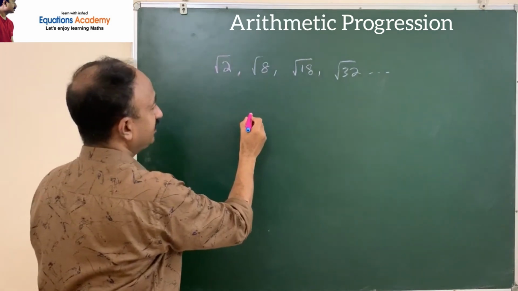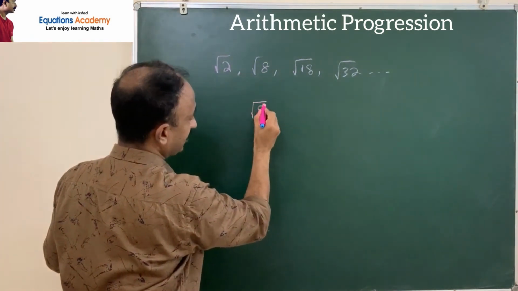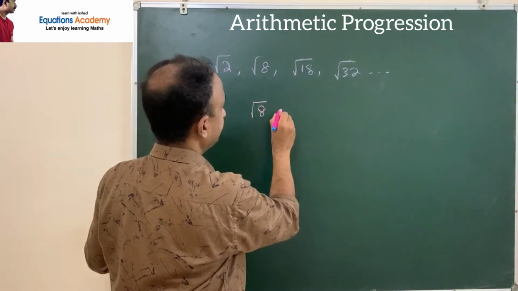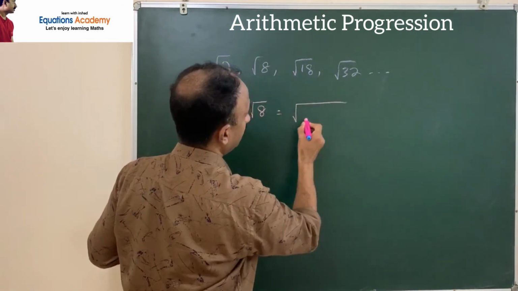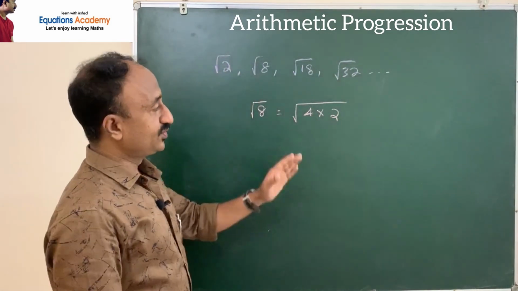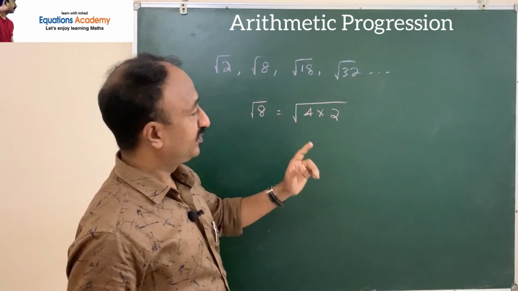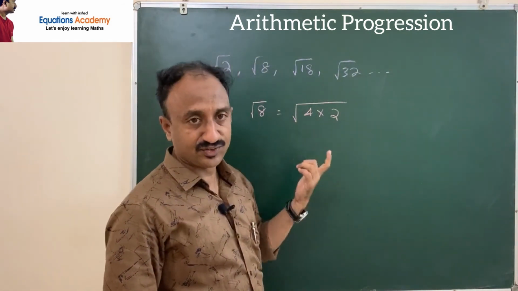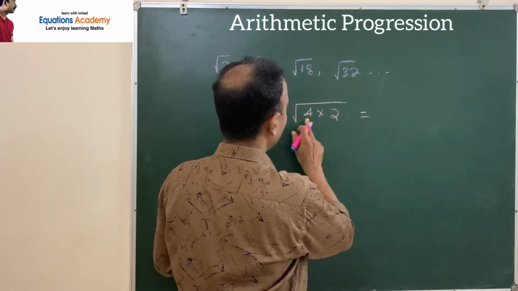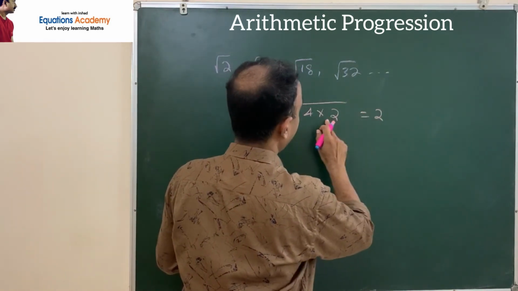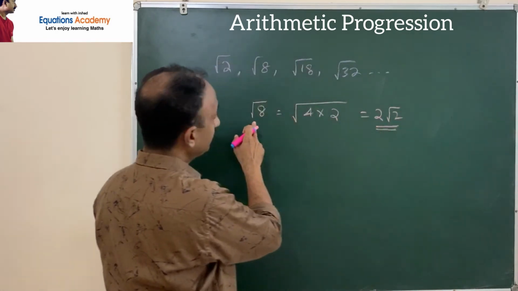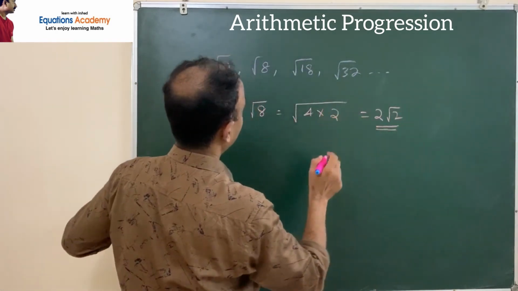Second is root 8. Root 8 can be written as root of 4 into 2. Since 4 is a perfect square, we know root 4 is 2. So this will be root 4 becomes 2, then the rest is root 2. So root 8 is equal to 2 root 2.